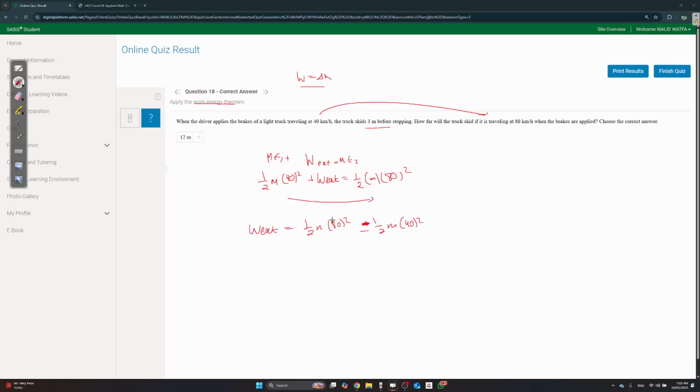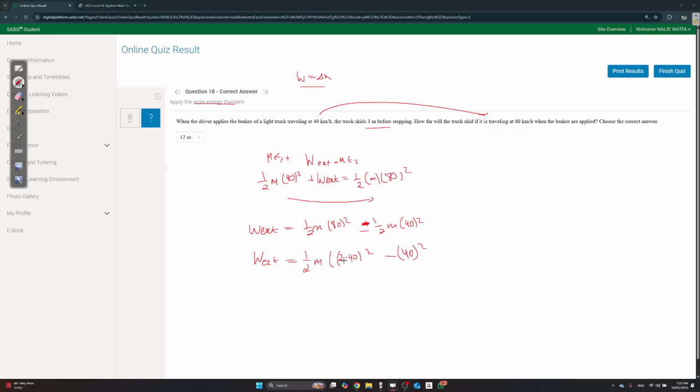If you factor out half m, I'm doing this so you can understand, I'm going to make one conclusion at the end and you're going to use that to solve later. Factor out half m, you get half m, 80 squared. What's 80? 80 is 2 times 40, squared, minus 40 squared.